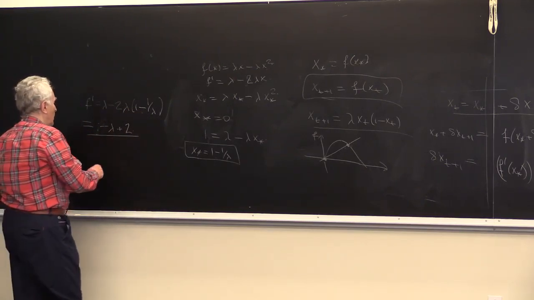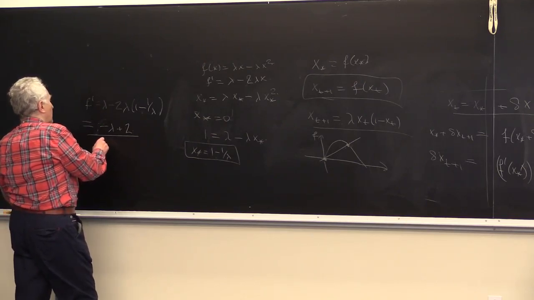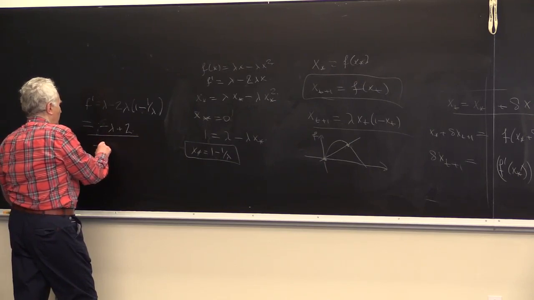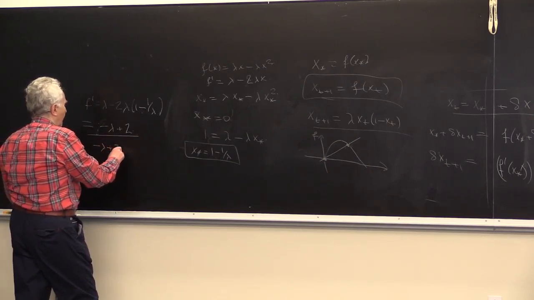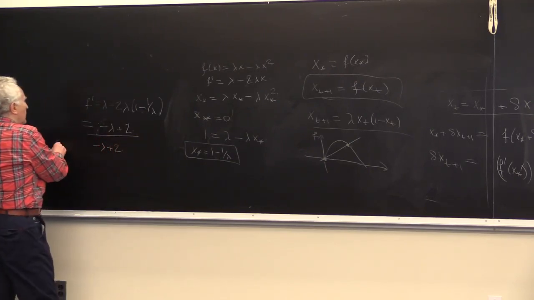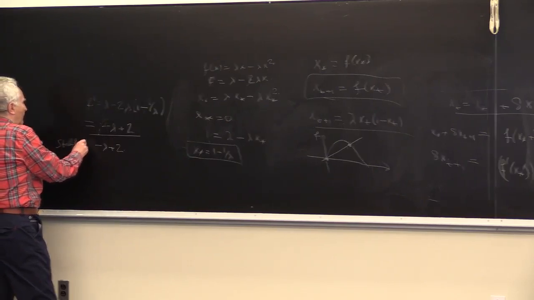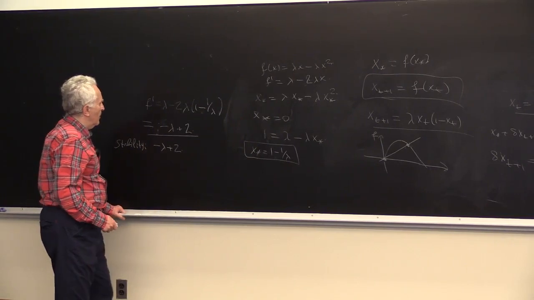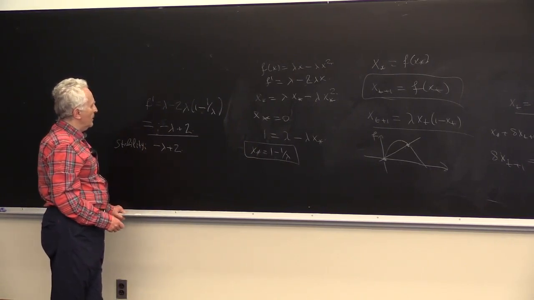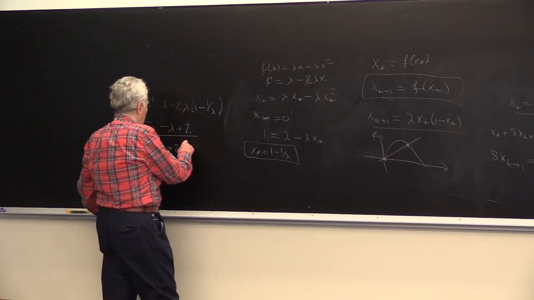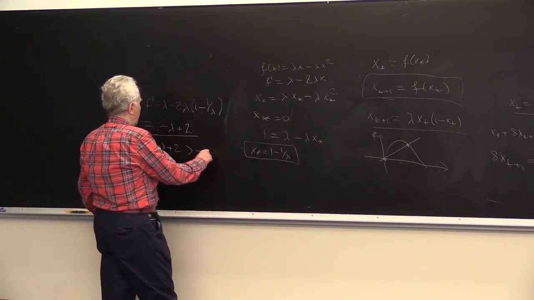So the absolute value of this thing, and we have to have, so stability is minus lambda plus 2, should be greater than minus 1.